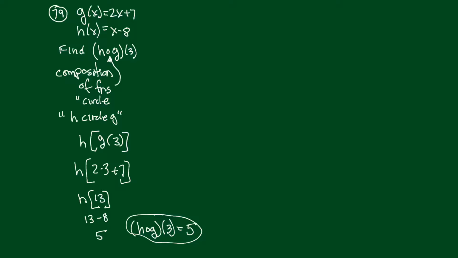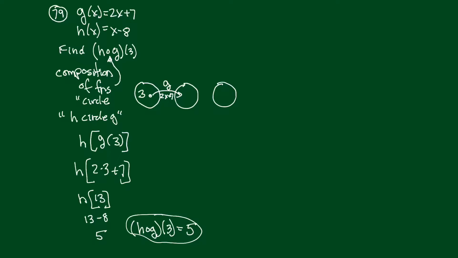To get a picture of what's happening, I'll draw some circles. I start with 3, that's my input. Then I process this 3 with g, which is 2x plus 7.